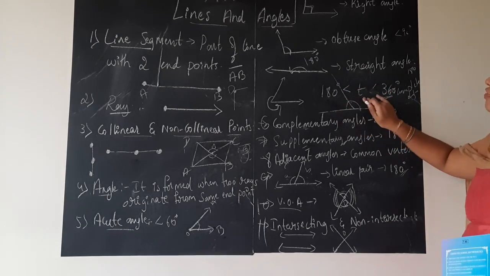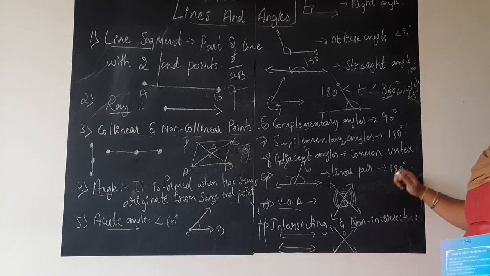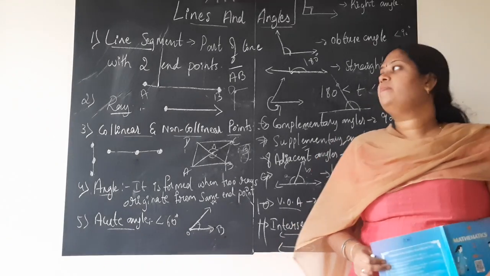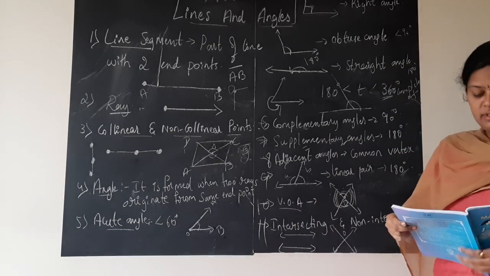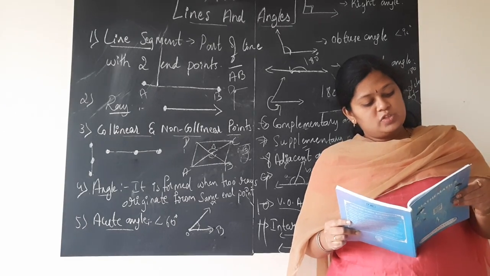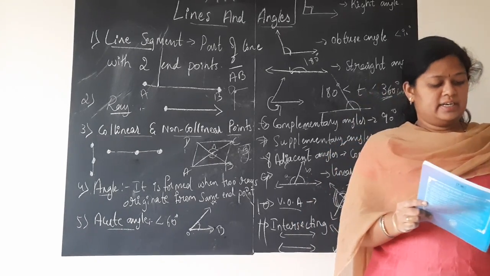The two angles so formed are called a linear pair, and it is supplementary, meaning it is equal to 180 degrees, children. So that is about the pair of angles, and you have axioms 3.1, 3.2 and various theorems you need to learn here.